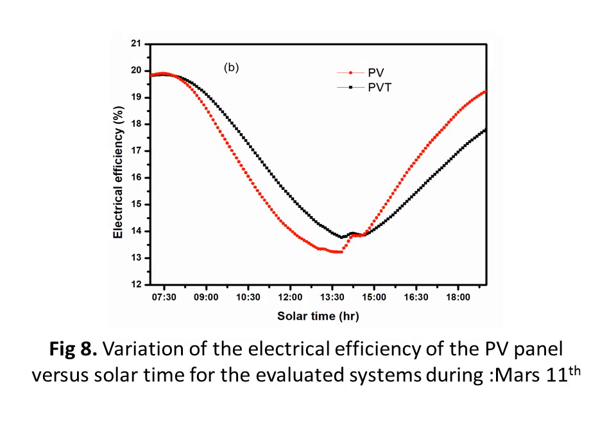For the variation of the electrical efficiency on another day in March, we also have an enhancement of the electrical efficiency by 0.54% when we use the PVT.